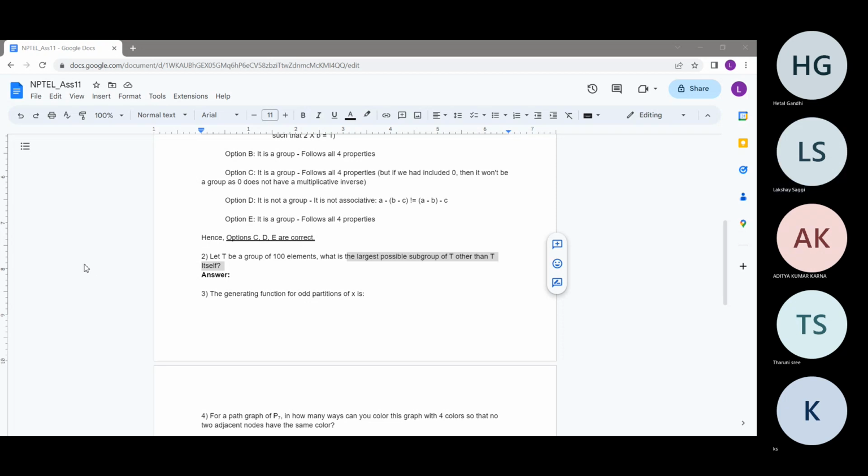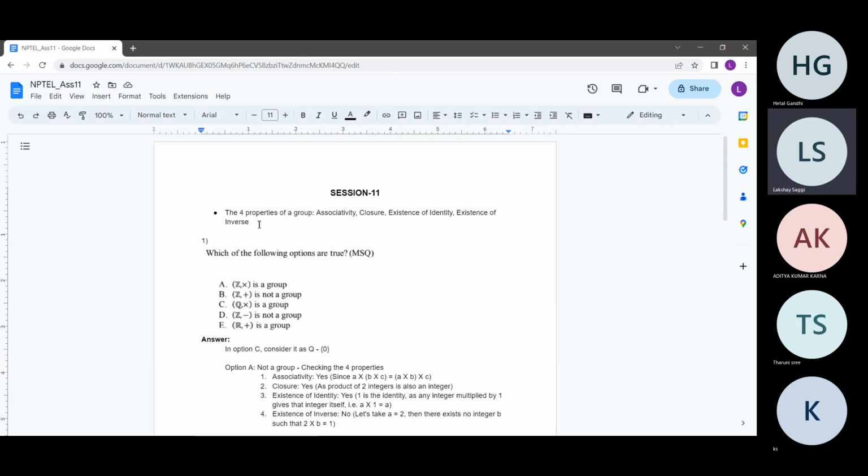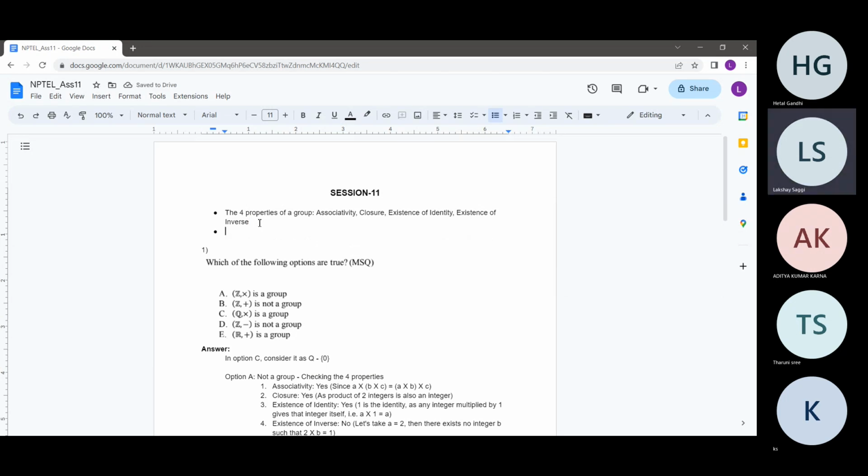Okay, so first of all, I'll just remind you guys something from the lecture. What was the order of a group? Order is generally defined for a finite group.